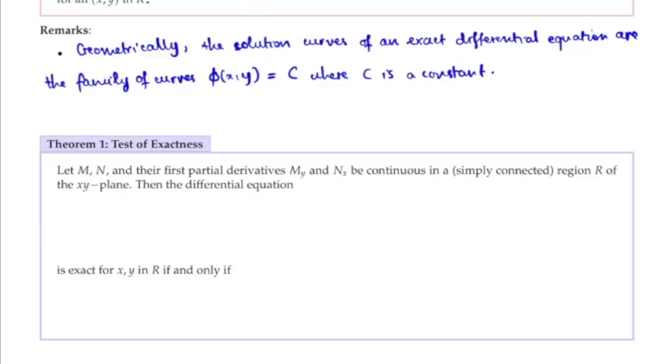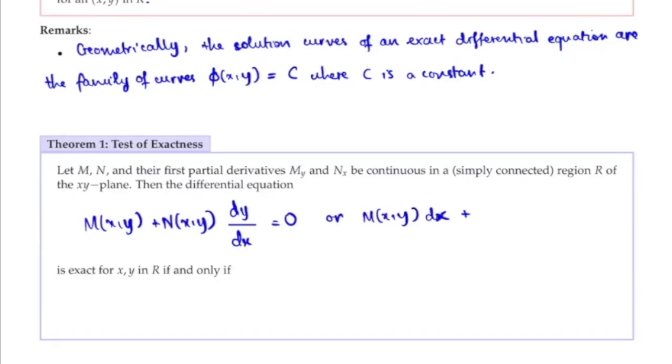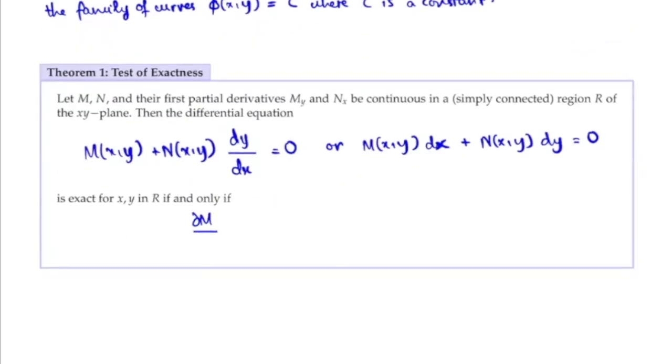If all of these functions and their respective first partial derivatives are continuous in a simply connected domain or region on the xy plane, then the differential equation M of x y plus N of x y dy dx equal to 0, or M of x y dx plus N of x y dy equal to 0, is exact for x and y in R if and only if partial M partial x equal to partial N partial y.